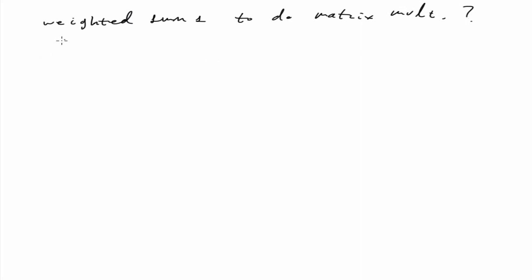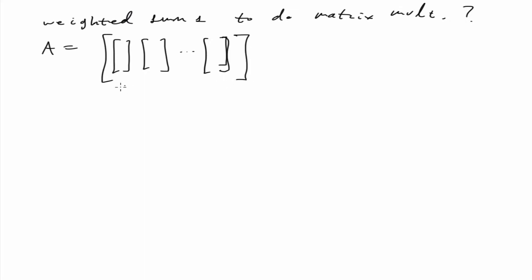Well, again, A now is going to be the set of column vectors, and there's m of them. I can call them V1, V2, and V3, all the way to Vm, and so on and so forth.